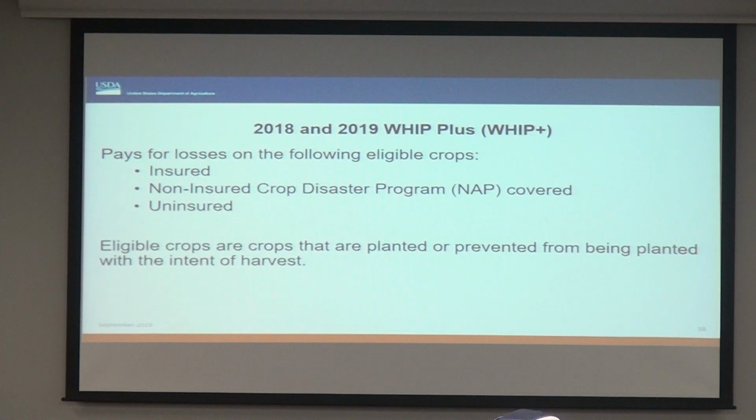Also, any uninsured crops, of course, these have to be crops that could be eligible to get insurance, however, the producer chose not to insure them. So, you're looking at eligible crops as far as payment that were planted or prevented from being planted with the intent to harvest.